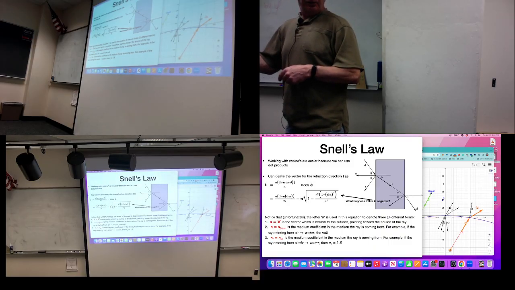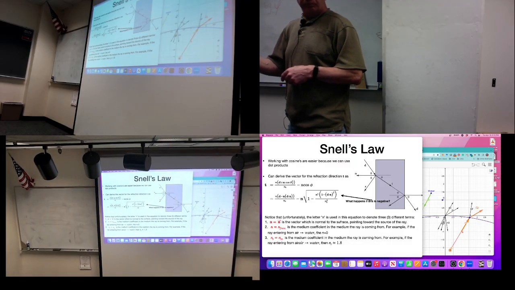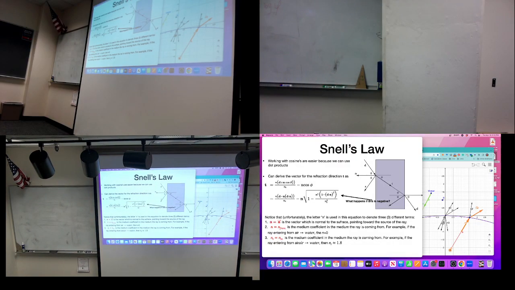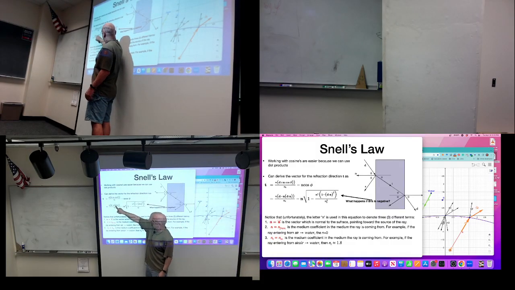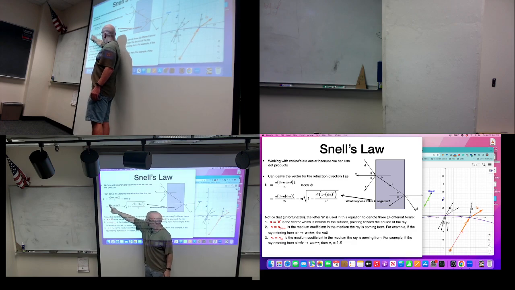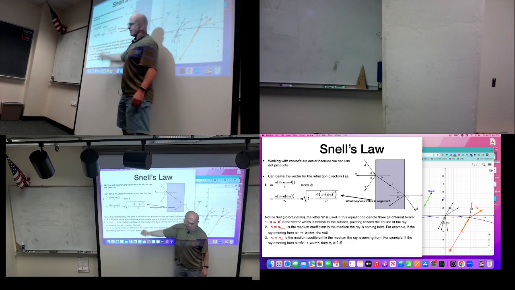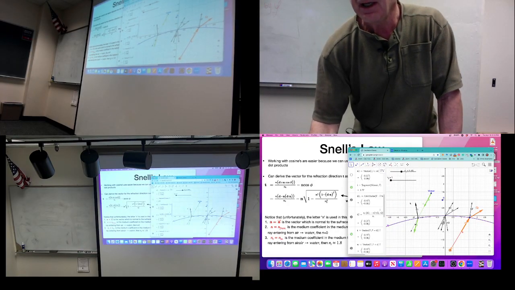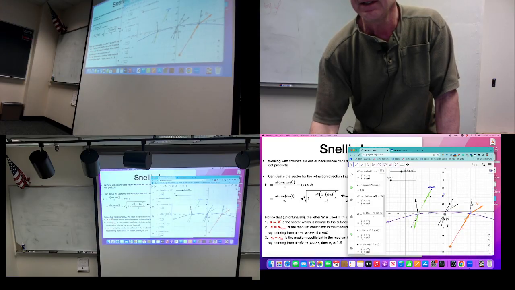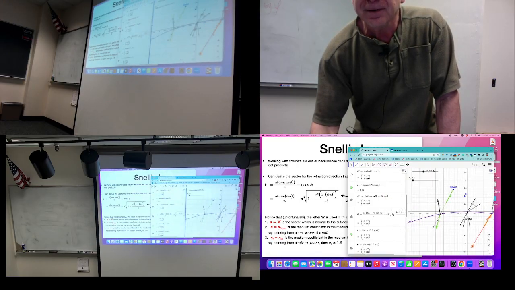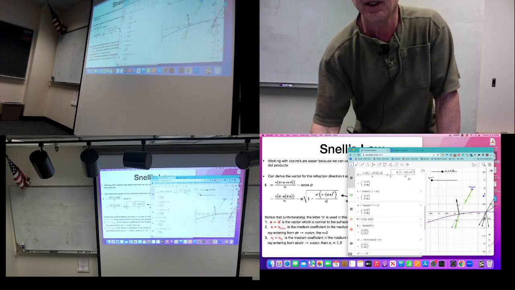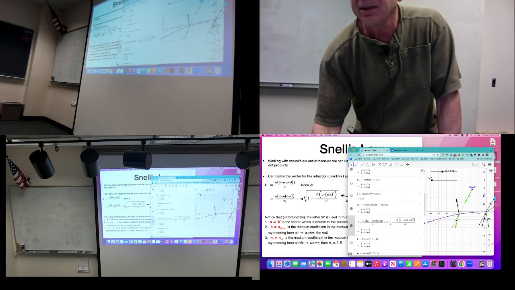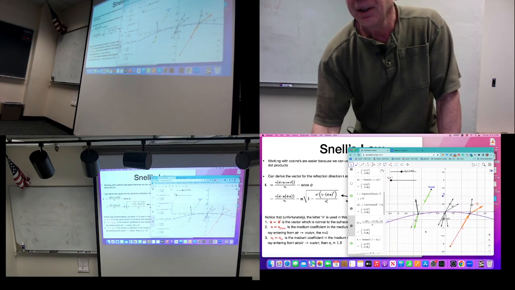And to save you the time of copying it, all you see here are products of vectors, maybe multiplication by a constant, and then the square root. And I shared with you now the GeoGebra where I wrote all of it, and you can just copy the formula directly from the GeoGebra. So it's implemented twice, once when the ray is going from air into the water.